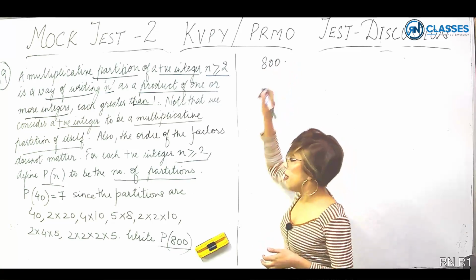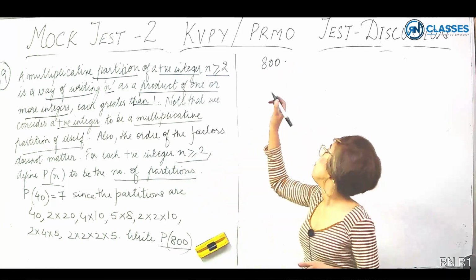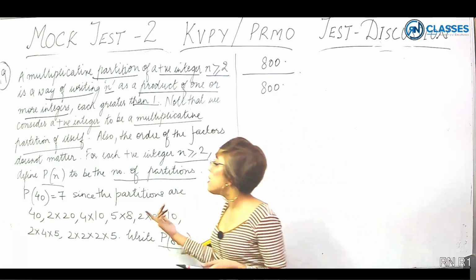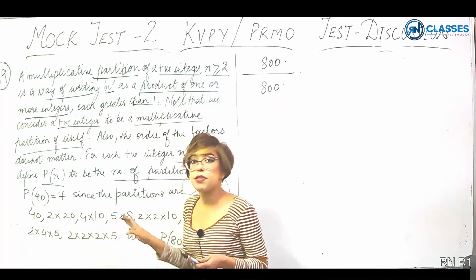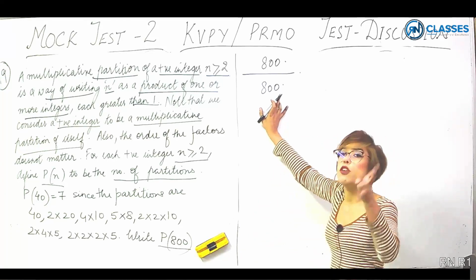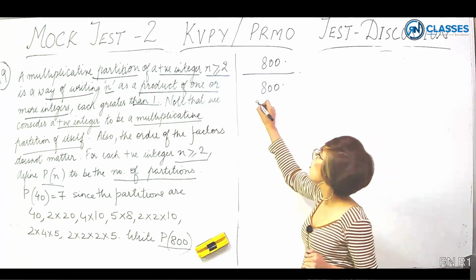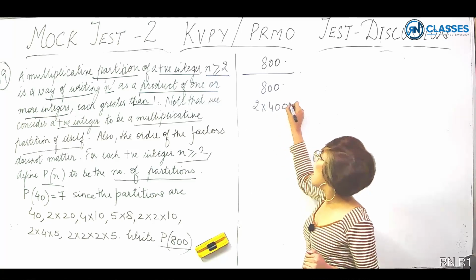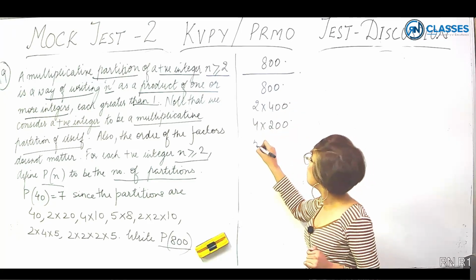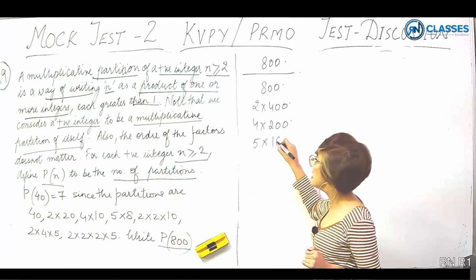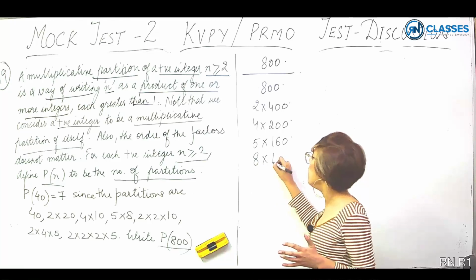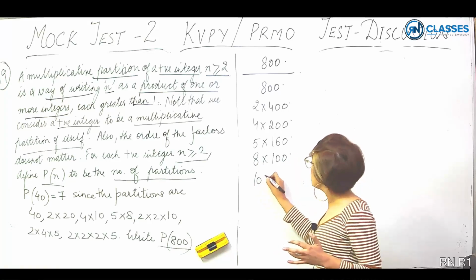So obviously the multiplicative partition would have 800. Then you can see, first I'll write all the products of two numbers, right? That means ways in which I can express 800 as a product of two numbers. So I can start, that is 2 into 400. Then I can have 4 into 200. Then I can have 5 into 160. Then obviously 6, 7, no, 8, yes, 8 into 100. Then I can have 10 into 80.